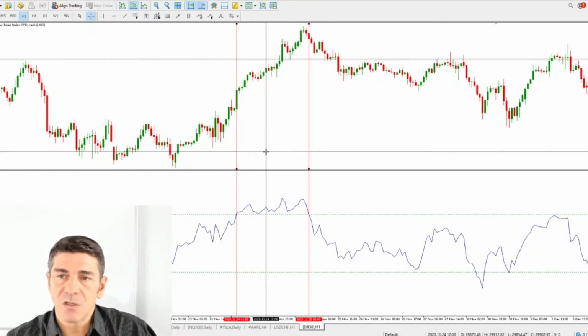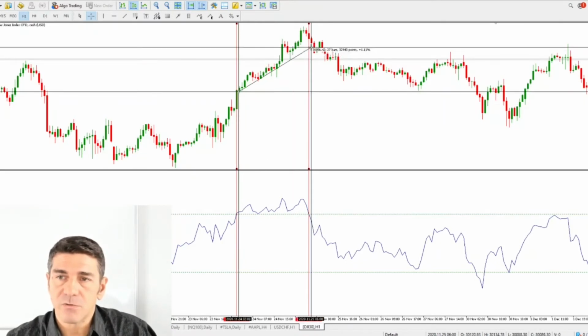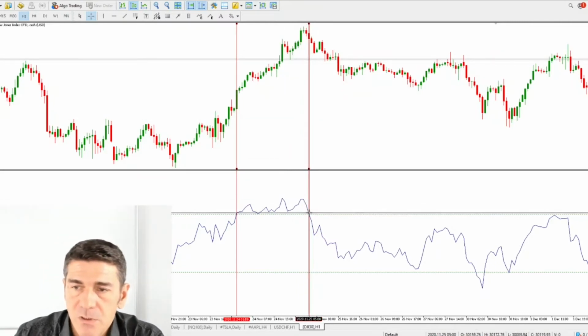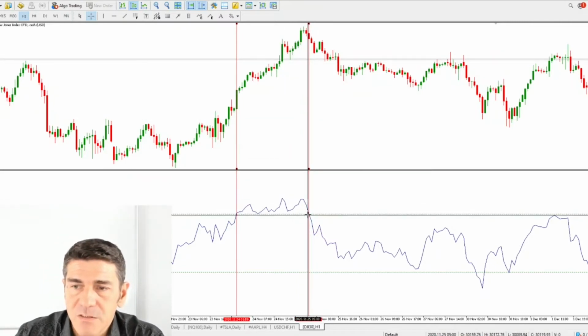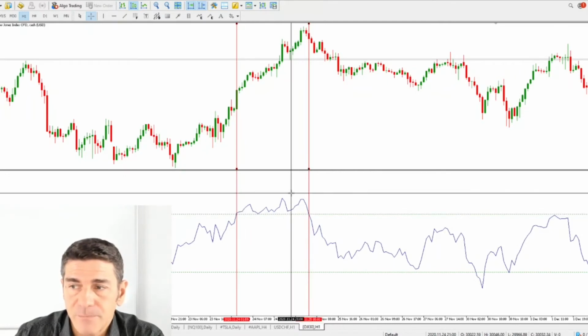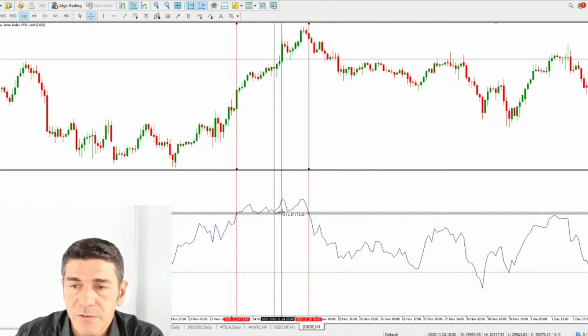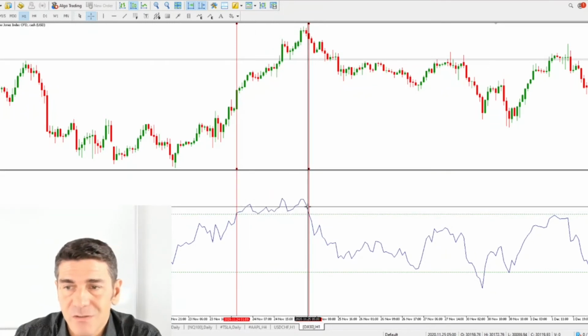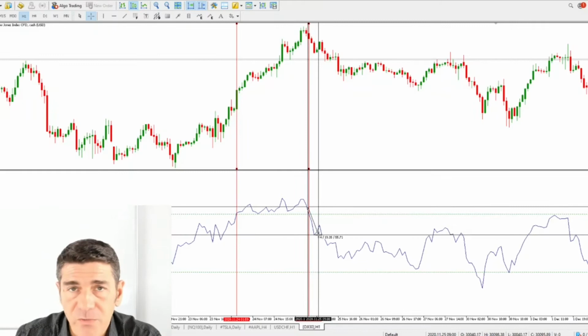No, we see that for a relatively long period of time we may experience overbought conditions on the market. So keep this in mind: we should see not only the RSI being above 70 but also bouncing back from there.